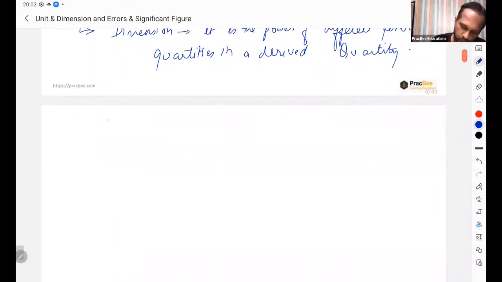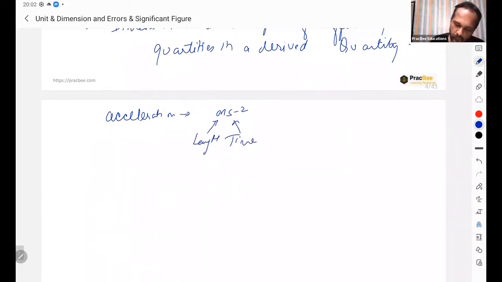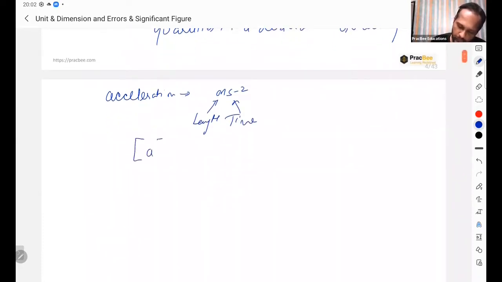Suppose I talk about acceleration. Acceleration is meter per second square. Meter is length and second is time. So if I put a square bracket around it, what I mean is that you have to write down the dimensional formula.